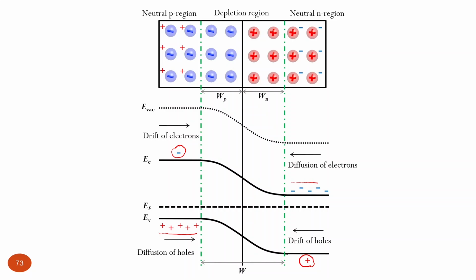What about majority charge carriers? We have plenty of them. But that doesn't fit your logic. If we have a small concentration of minority charge carriers, we have a small drift current. That makes sense. But at the same time, we have plenty of majority charge carriers, and we still have a small current.